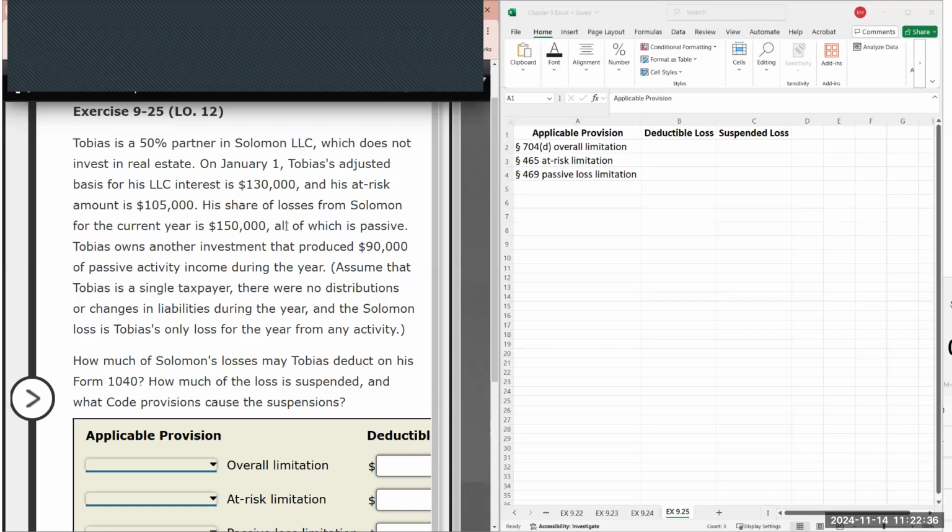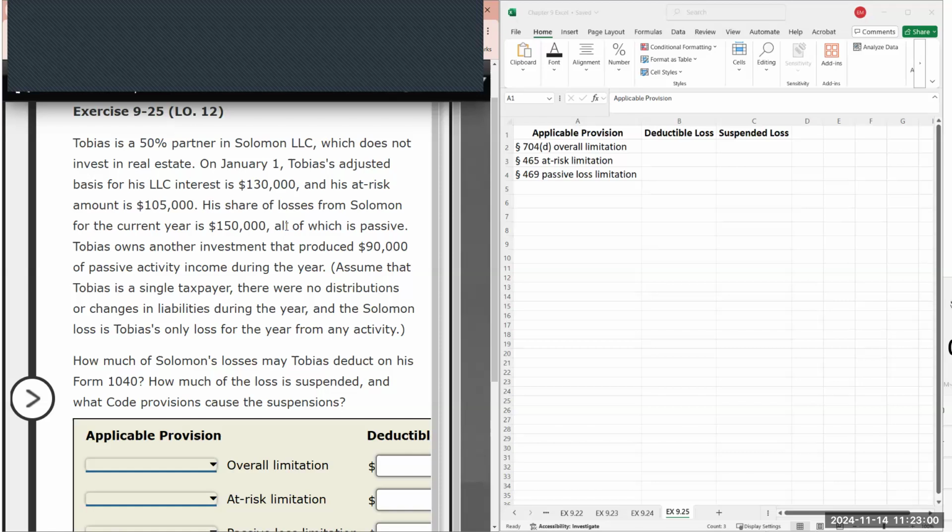We have Section 704(d), which denotes the overall limitation. We have Section 465, which is the at-risk limitation. Section 469, which is the passive loss limitation. And we need to determine how much of the loss is deductible, and how much of the loss is going to be suspended.